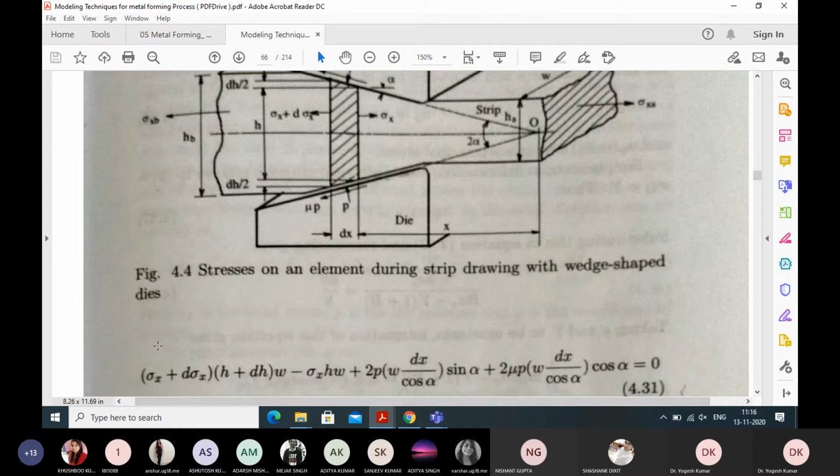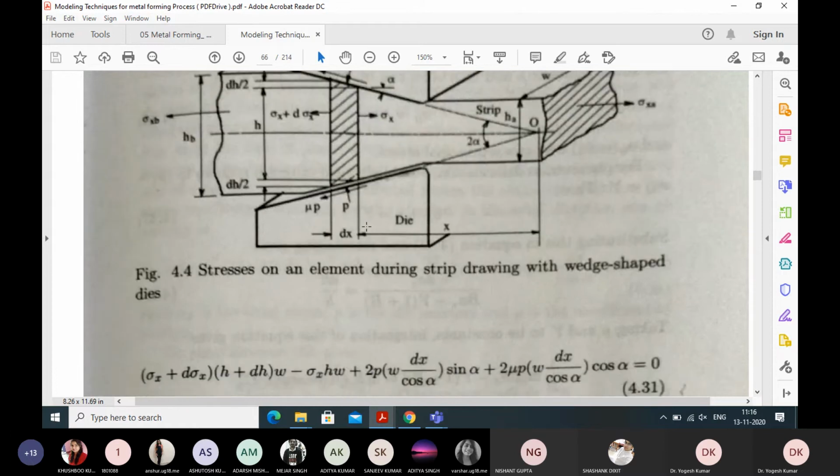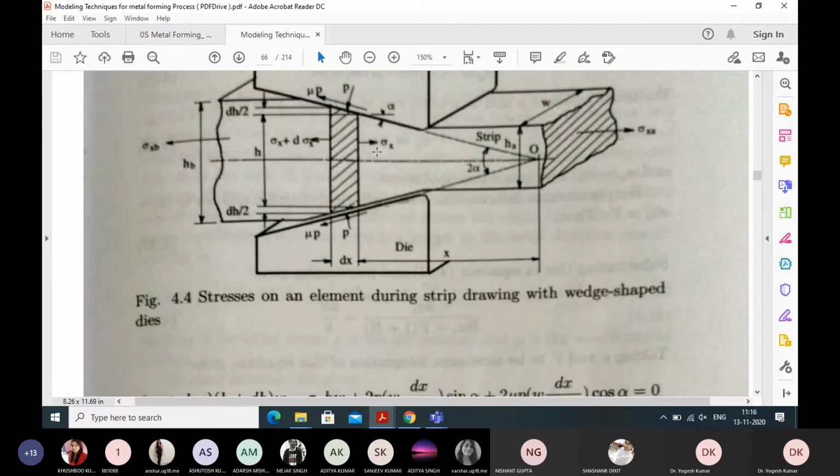I think there is no doubt in these two terms. Then let us come to the next, the component force generated because of this pressure P.